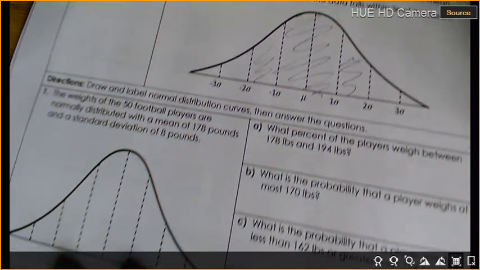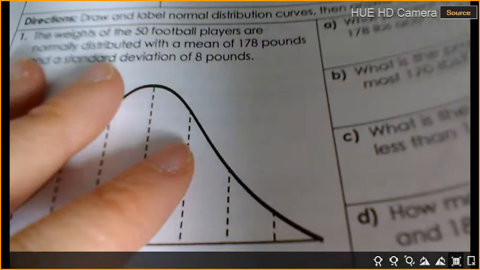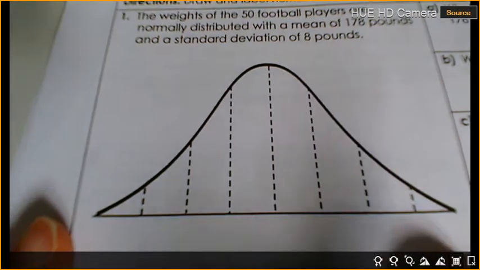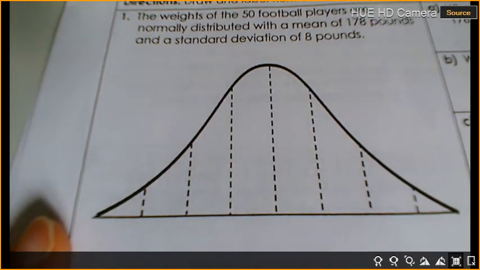Okay. We're going to do number one, and I'm going to zoom in quite a bit so we can actually see what I'm doing. We're right here, and this is just like what we just did for the warm-up. The weights of the 50 football players are normally distributed with a mean of 178 pounds and a standard deviation of 8 pounds. So we're going to do the same thing.